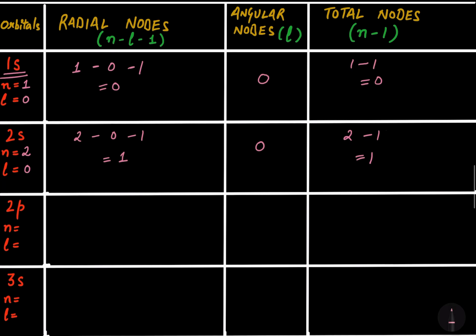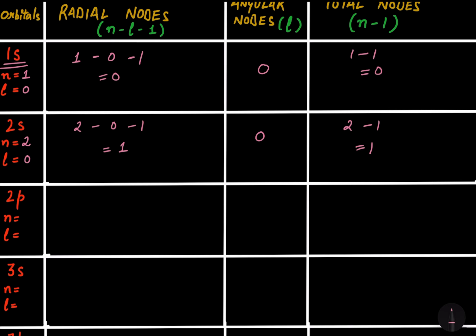Now let's calculate for the 2p orbital. In case of 2p, we are having the value of n to be 2 and the value of azimuthal quantum number for p orbital is 1. Now it is n minus l minus 1 for radial nodes. So here n is 2, l is 1, minus 1, it comes out to be 0.